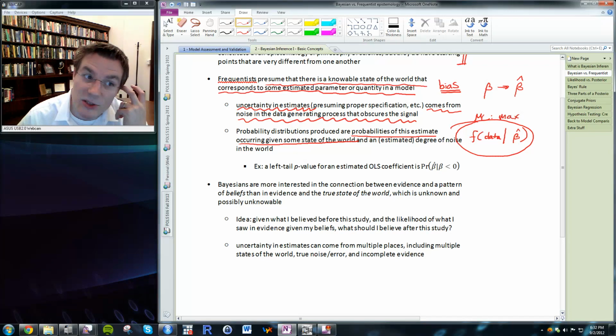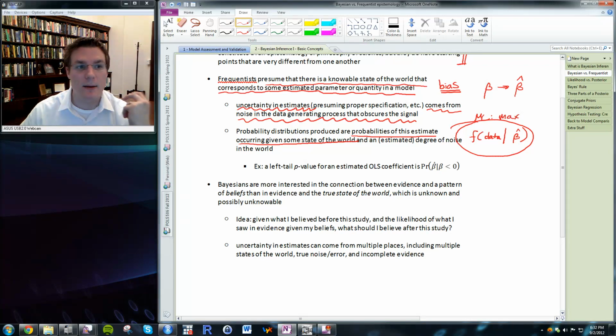So that also implies that the probabilities you get out of these estimates are not necessarily about the parameters, they're really more about the data.